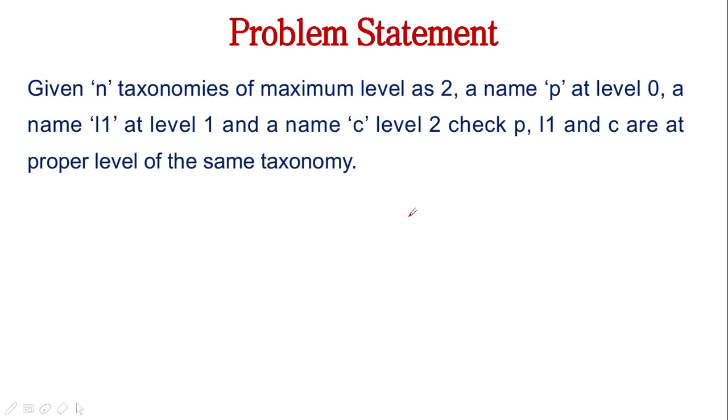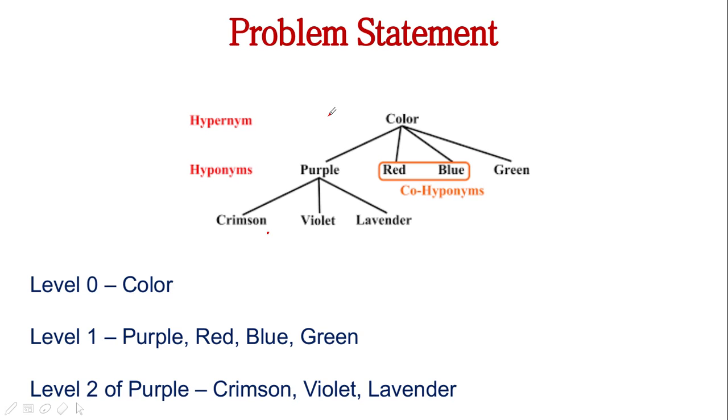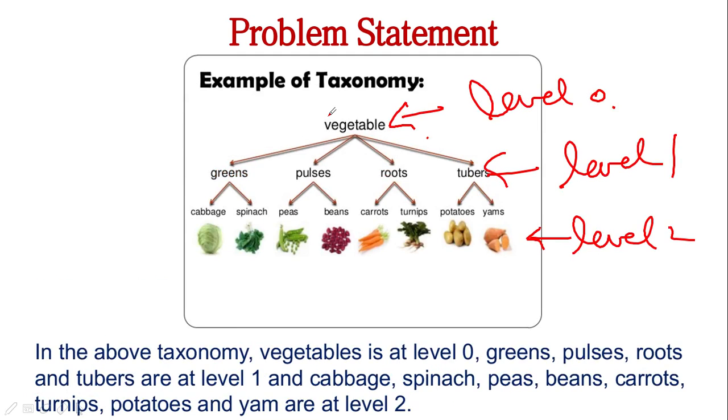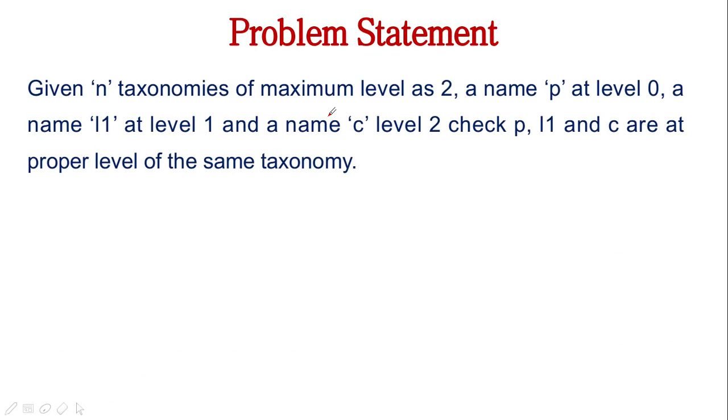Now the problem is, you are given n taxonomies. This is one taxonomy, this is one taxonomy, and this is one taxonomy. In the problem you are given n taxonomies with a maximum level of 2, and then you are given a name P at level 0, a name L1 at level 1 and a name C at level 2.